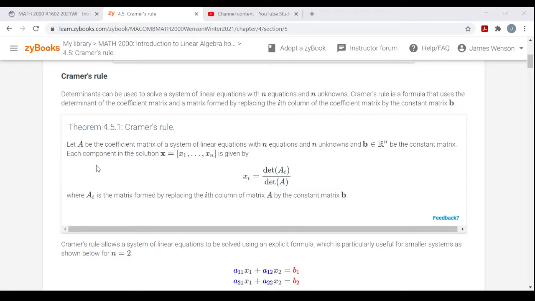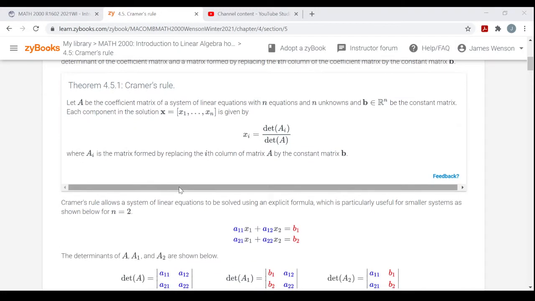Very specific, so you can't always use this. You can always do Gauss-Jordan elimination or Gaussian elimination with back substitution to solve a system. But this is just one very specific use.